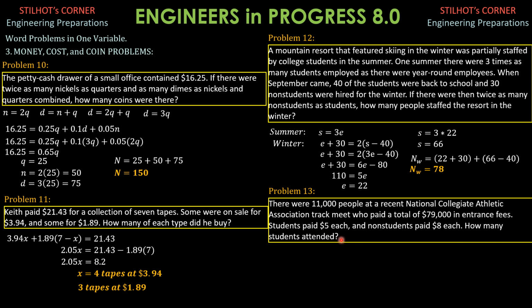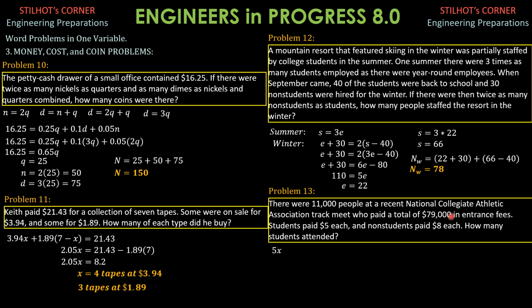So the receipt for students is 5 times number of students, call that X, then plus the receipt of the non-students, 8 times quantity 11,000 minus X, because there were 11,000 people all in all. Then that would be equated to 79,000.